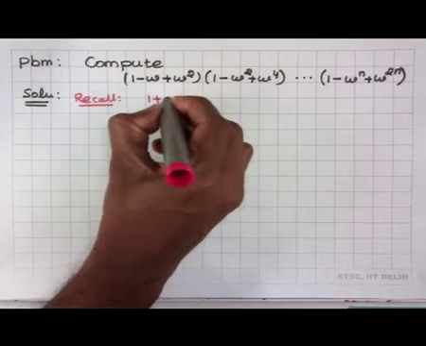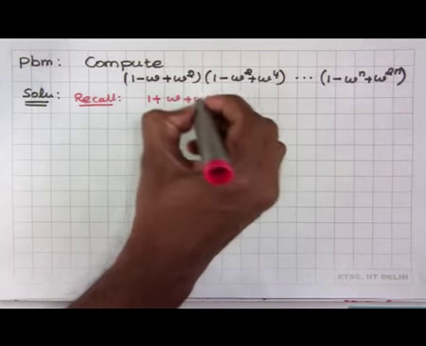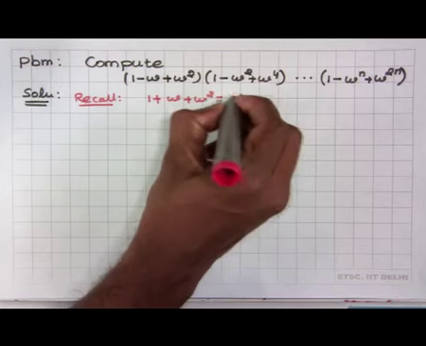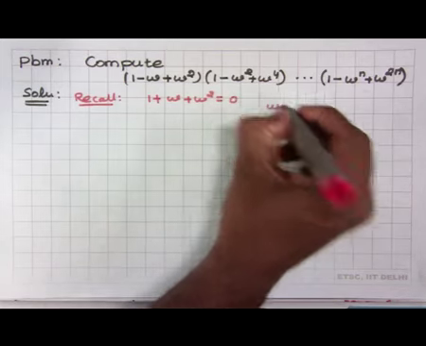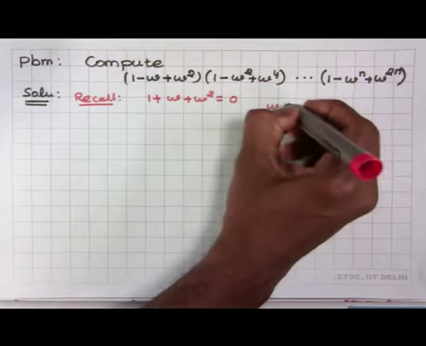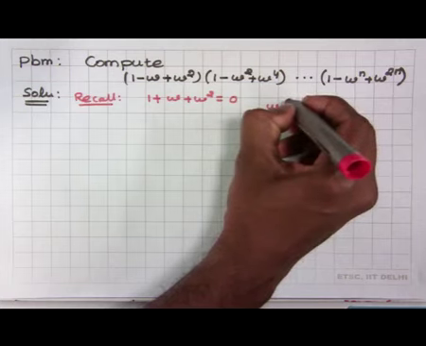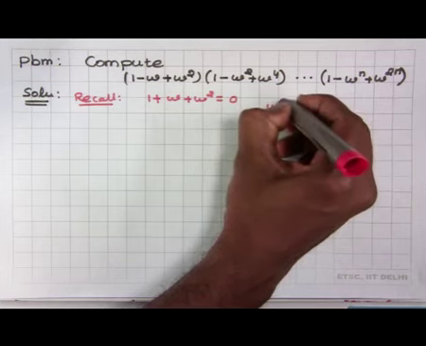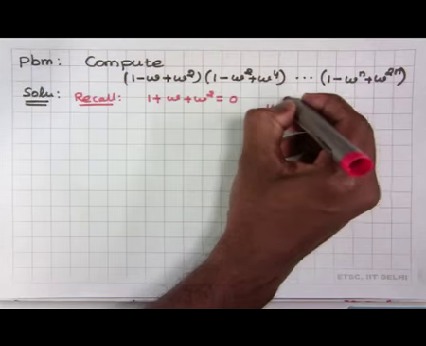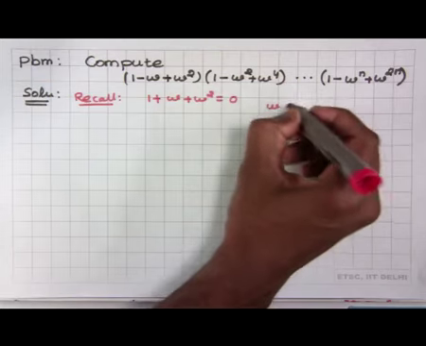One is 1 plus omega plus omega square is 0, and omega power n, if it is a multiple of 3, then you get 1.